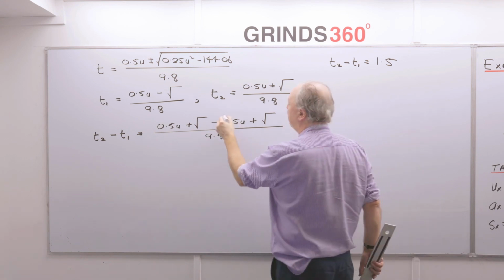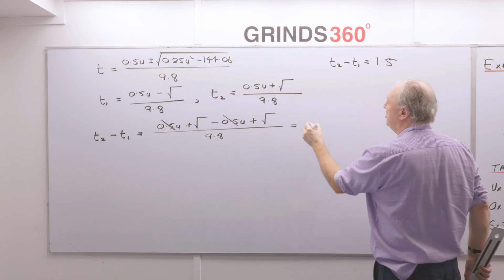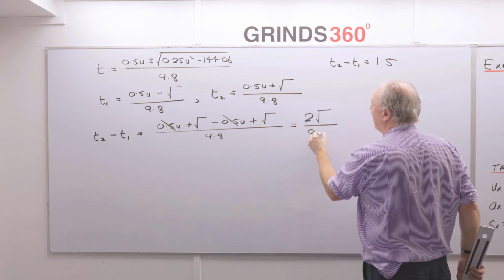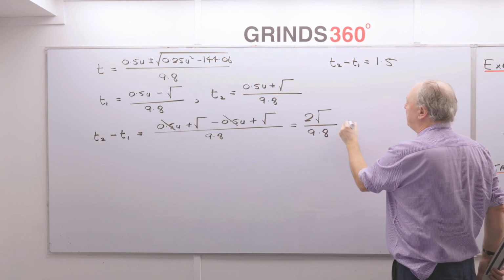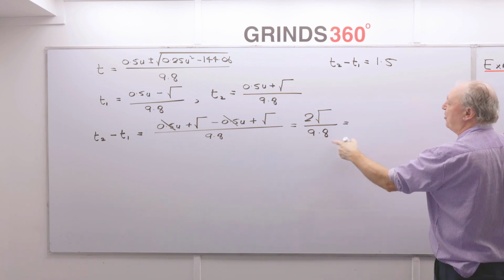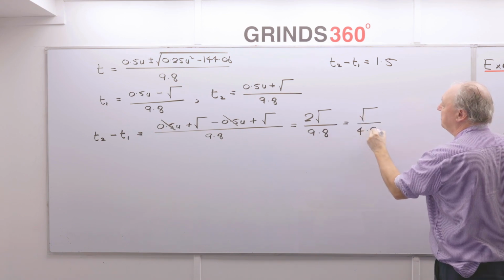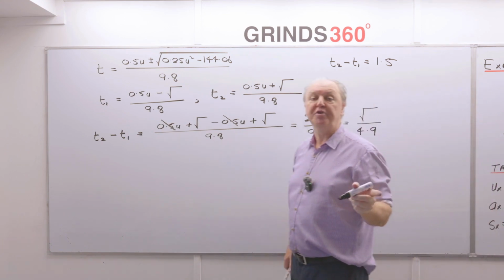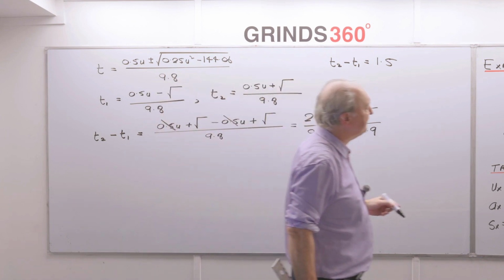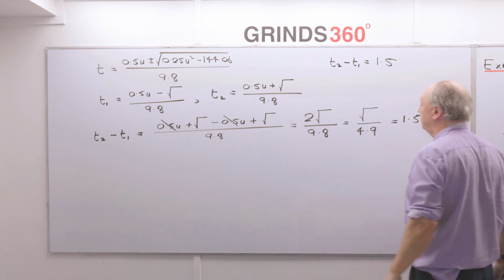So the 0.5u's cancel, and I've got two square roots on top. That's equal to 2 times the square root, all over 9.8, and 2 into 9.8 is 4.9 on the bottom. So that's the square root over 4.9. And of course, you're told that the difference in those two times is equal to 1.5 seconds.